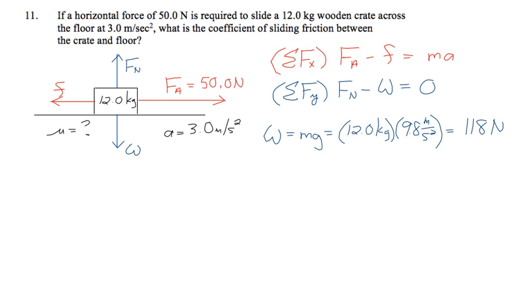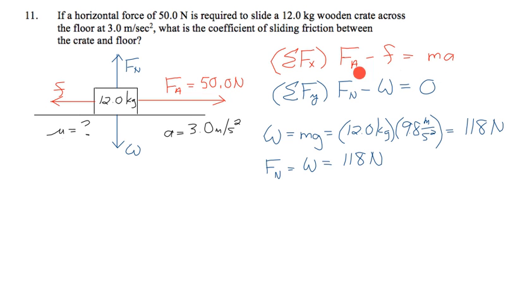So now what do I know, now that I know the weight? Yep, the normal force. So Fn equals weight, so it also equals 118 newtons. Now what can I solve for? Friction. But I'm not going to solve for friction with the formula friction equals mu Fn. I'm going to solve for friction over here because I now know that, and that.